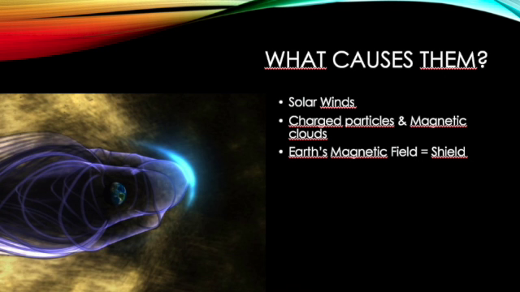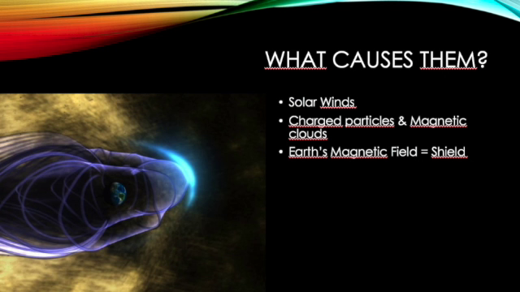What causes them? As I mentioned before, the northern lights are caused by the collision between gaseous particles found in the Earth's atmosphere and charged particles coming from the Sun. But how does this happen in the first place, you may ask?